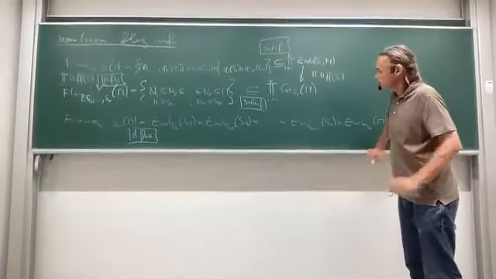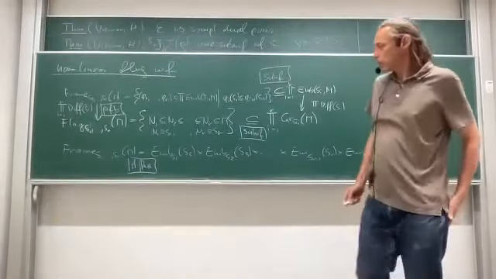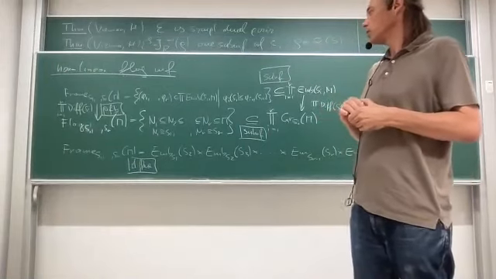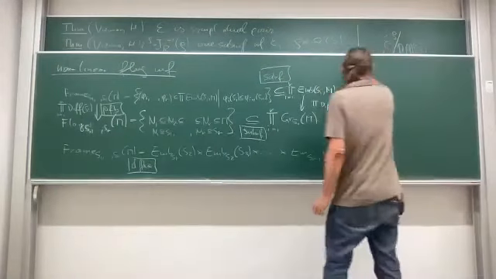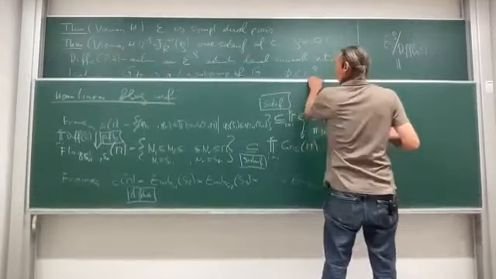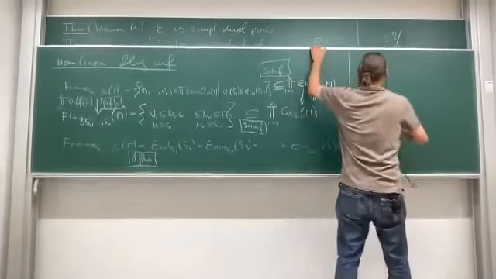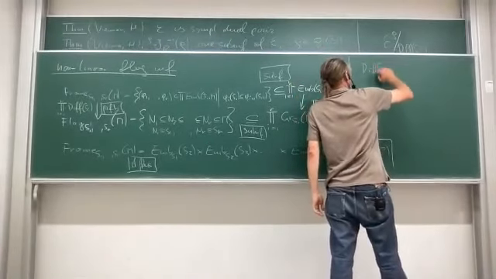And then the third way you might want to understand these flag manifolds is by the action of the group of diffeomorphisms of M. Everything is Diff(M) equivariant.